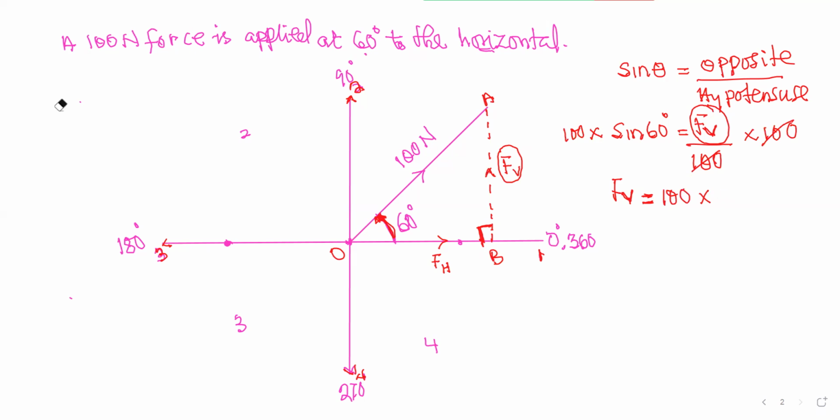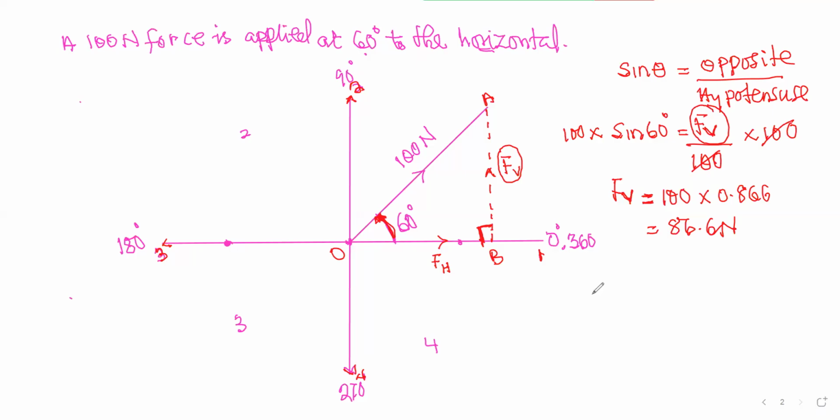Cos 60 is 0.5, and sine 60 is 0.866, root 3 on 2. So the answer will be 86.6 Newton. That will be the vertical component of this force of 100.